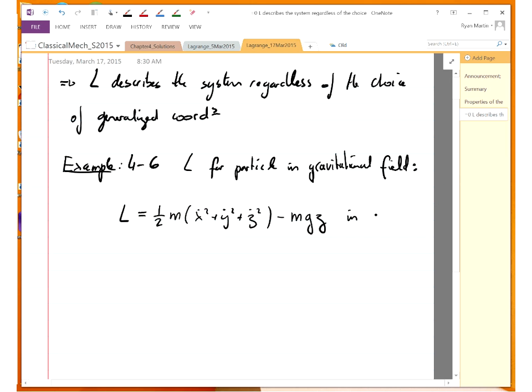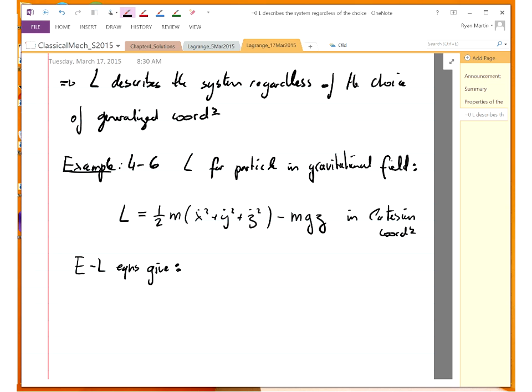So that's in Cartesian, right? So you apply the Euler-Lagrange equation to this. You do it for each degree of freedom, and hopefully you've had some practice doing that. First you do it for x.